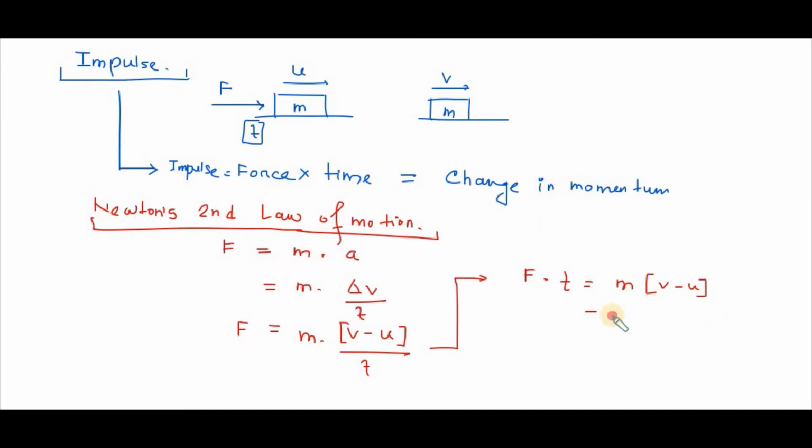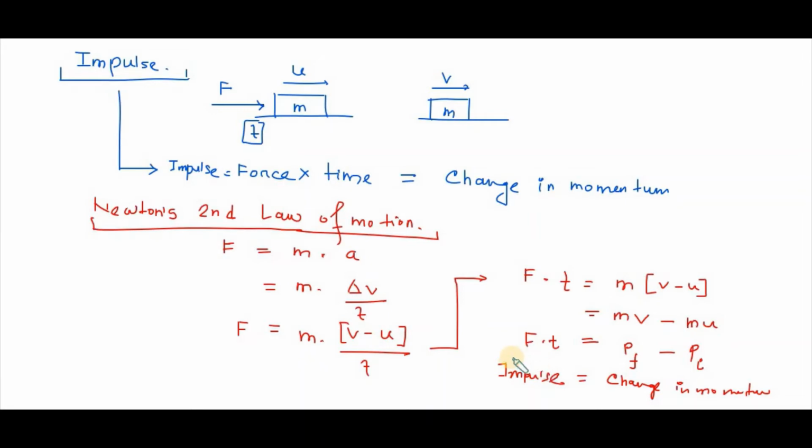Now if we remove the bracket, we get mass times final velocity minus mass times initial velocity. Mass times final velocity is the final momentum, which we represent as pf, and mass times initial velocity is the initial momentum, represented by pi. That is equal to F into t, which is the same as the change in momentum, which is equal to the impulse.